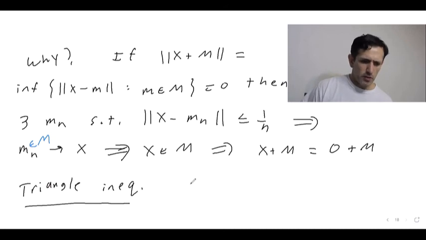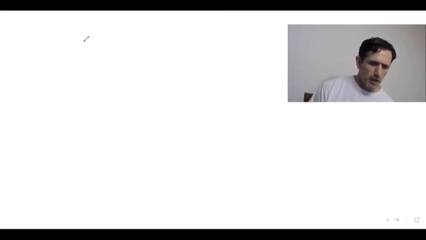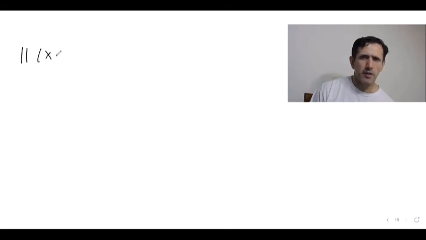All right, so how does the triangle inequality go? No way I'm going to do this here, so I'll do this in a new line. It's really just like a 511 exercise. So take the norm of x plus y plus m.